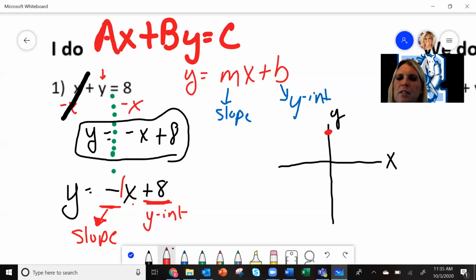Now, my slope is -1. If the slope is negative, that means from left to right, it is going down. So I'm going to just sketch my line like this. It doesn't have to be exact right now because we're just trying to get the general idea of what's happening with our lines.